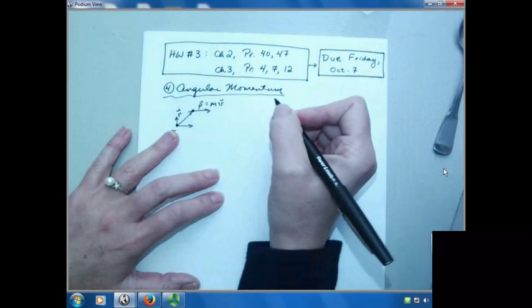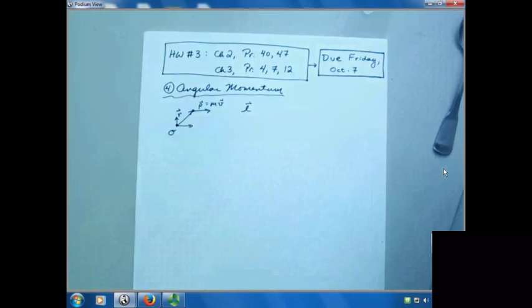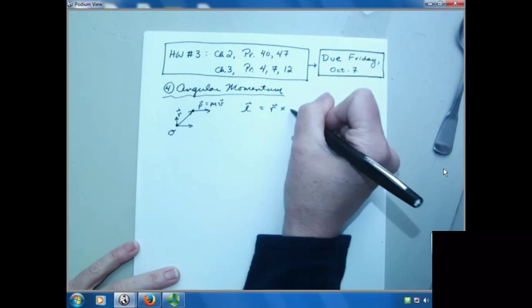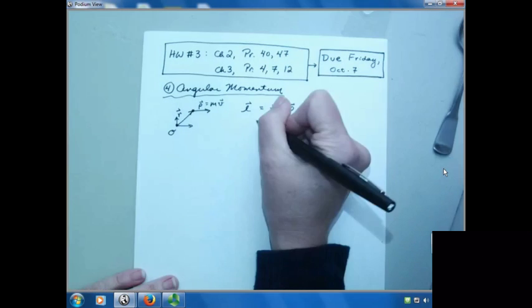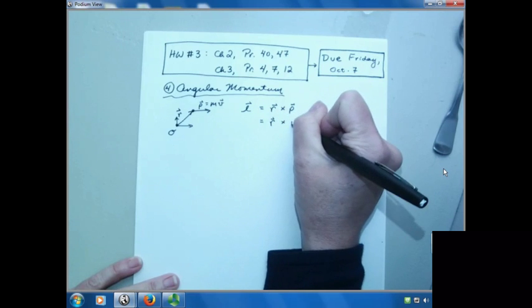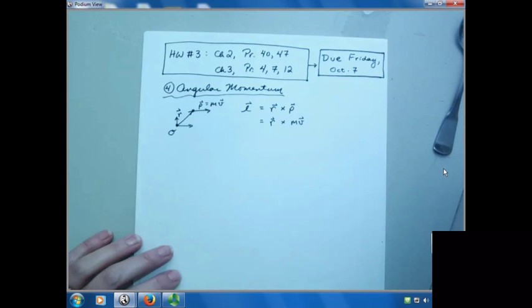Because it's a single particle's angular momentum, we're not going to use capital L, we're going to use lowercase l. And because lowercase l looks like a 1, we're going to make it cursive. So lowercase l for this one particle is equal to its location crossed with its momentum, r cross p.